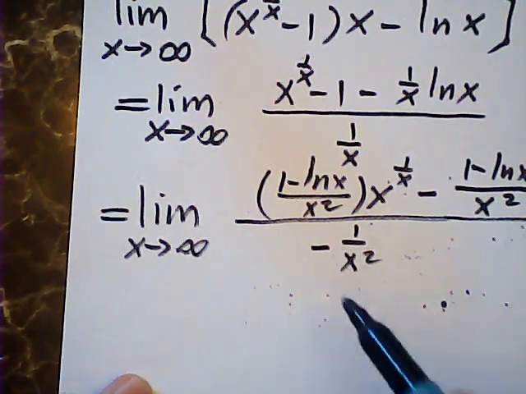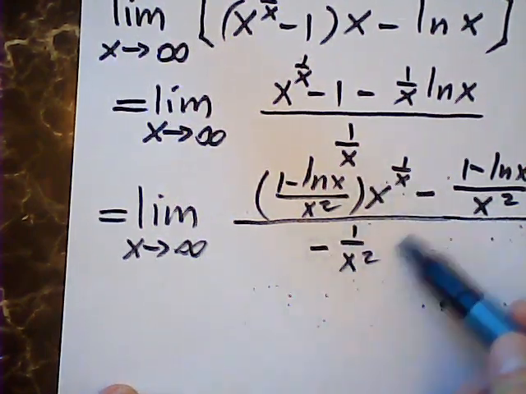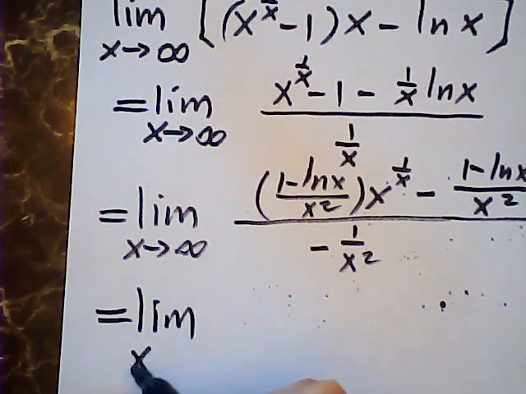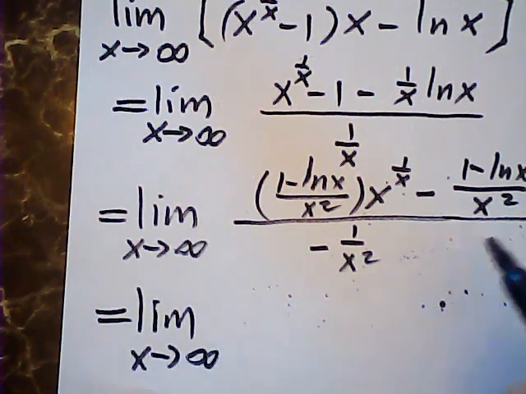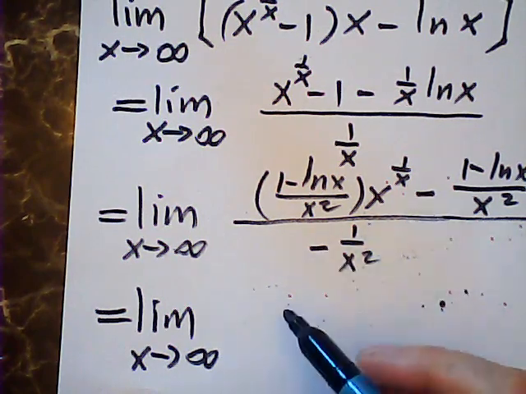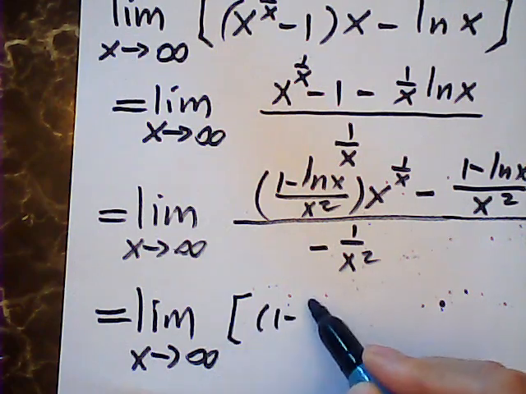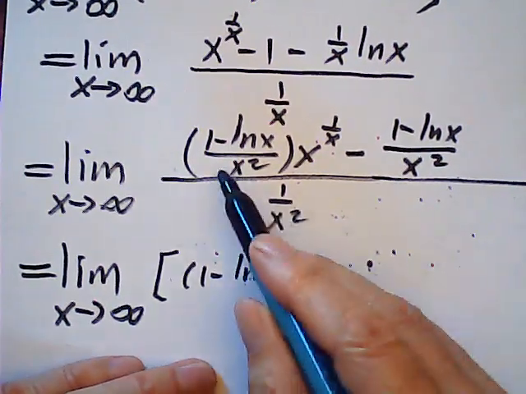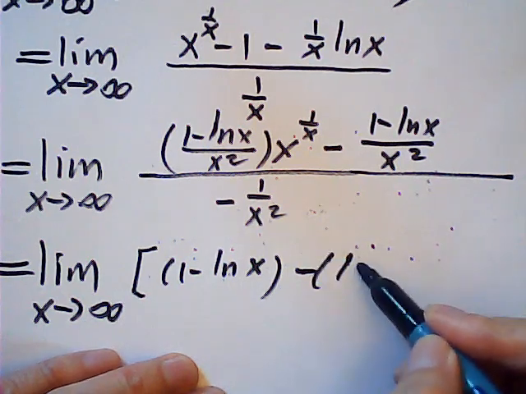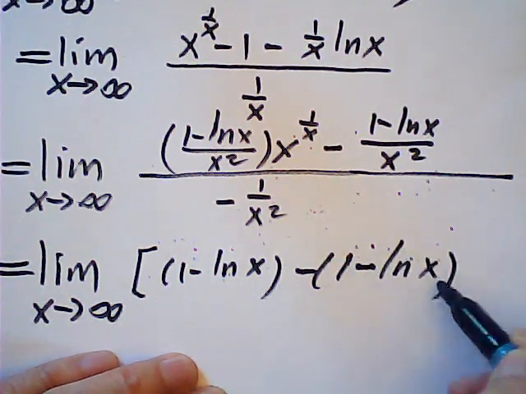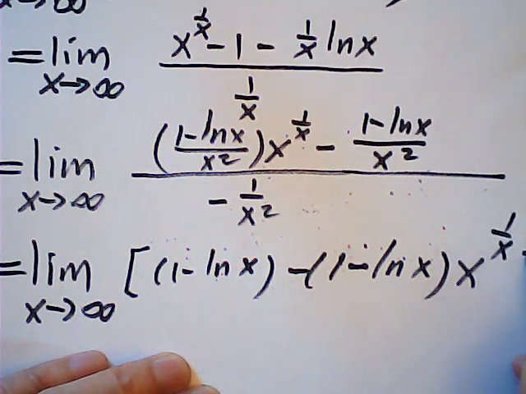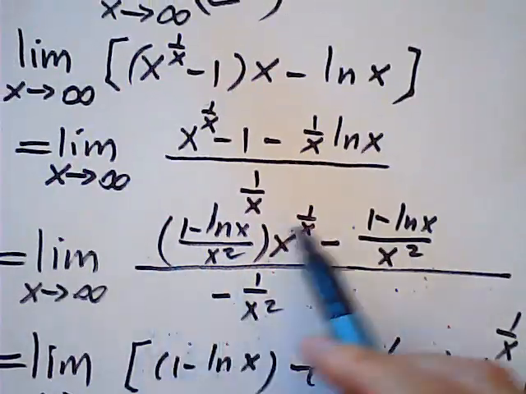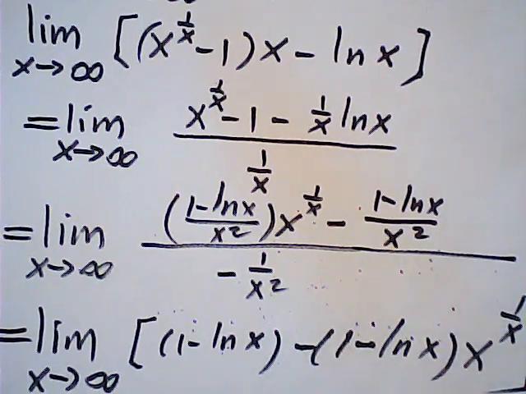So when we multiply by x squared, both top and bottom, the limit as x goes to 0. Let me write positive first: 1 minus log x, that is for this one, and minus (1 minus log x) times x to the 1 over x. Okay, that is the result after taking L'Hopital's rule and simplifying.